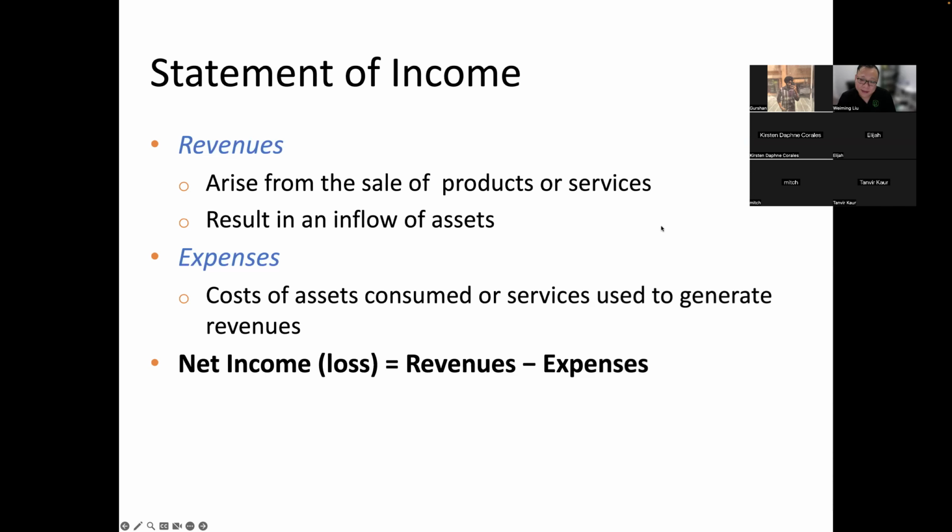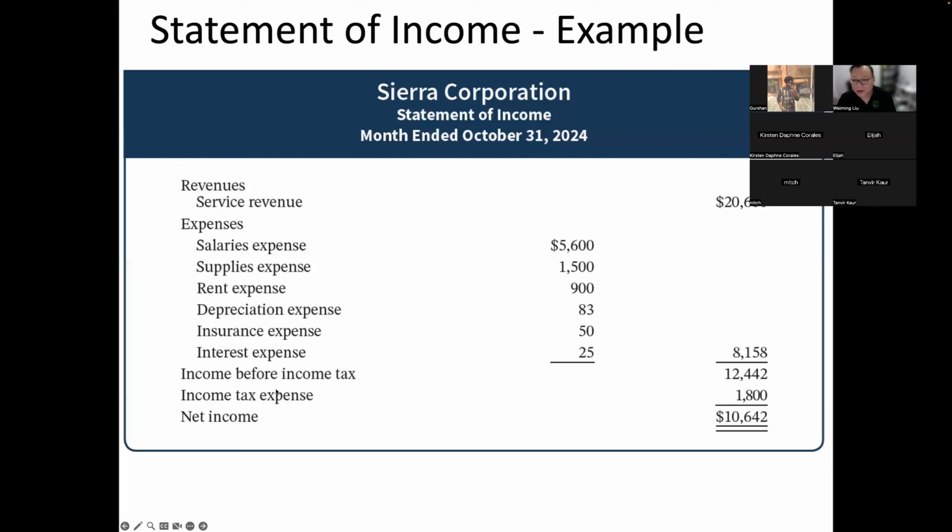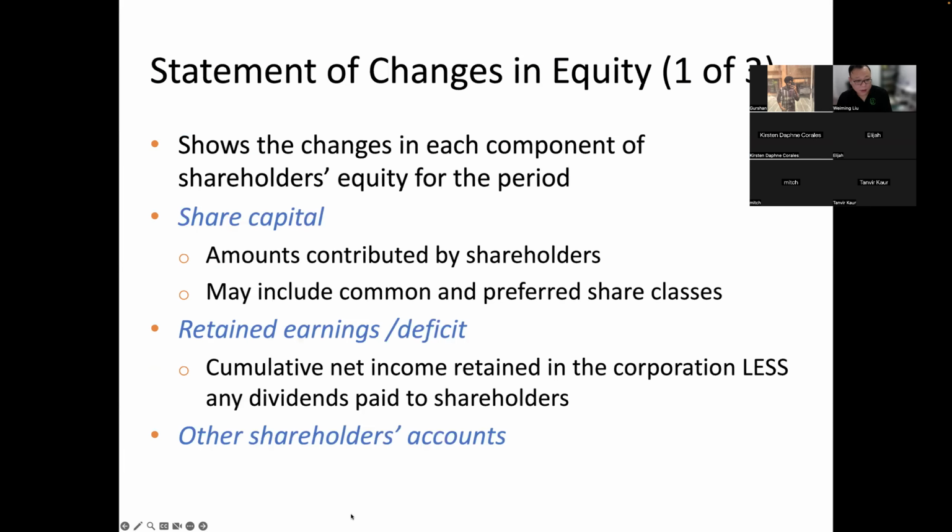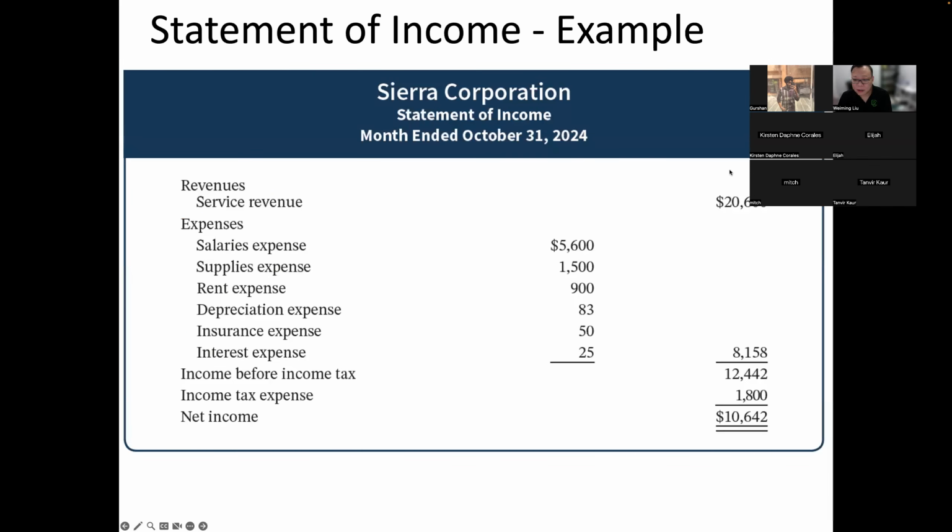So then the difference between the revenue and the expenses, that would be your net income. Okay, let's take a look here. So this is one example.